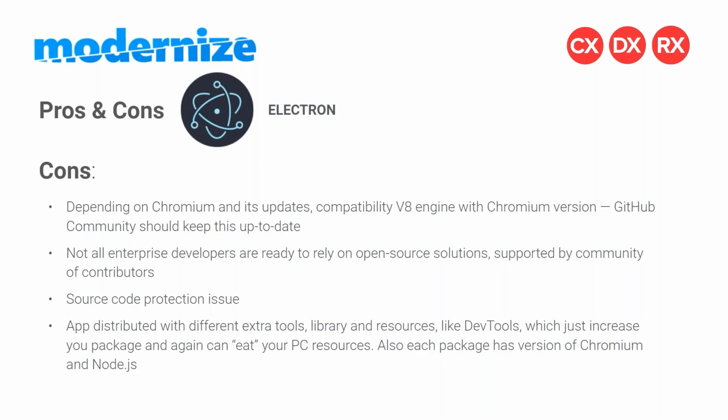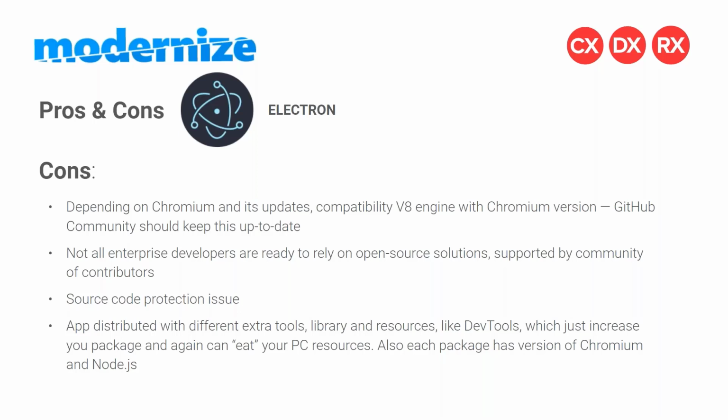You can Google Stack Overflow, the most popular questions about Electron, and check all these cons which people are talking about. And one of the interesting things is that when you're distributing your application, your package will have all the time a lot of extra resources.